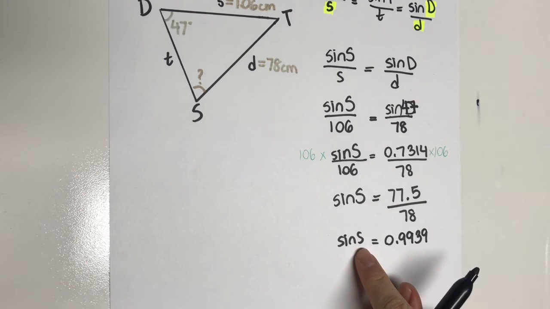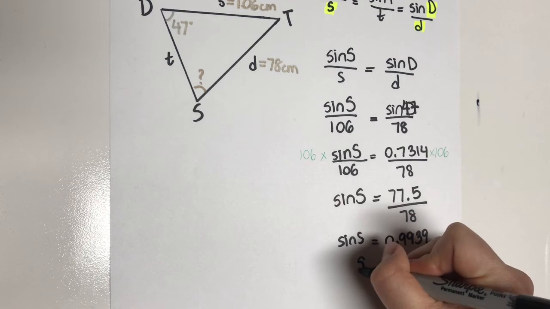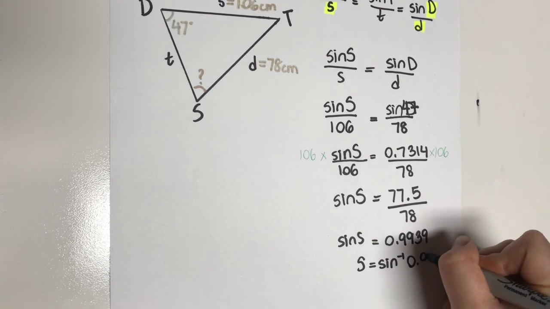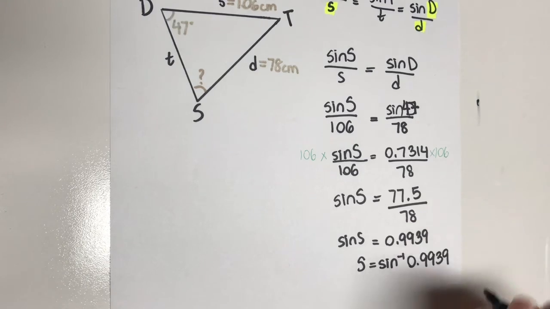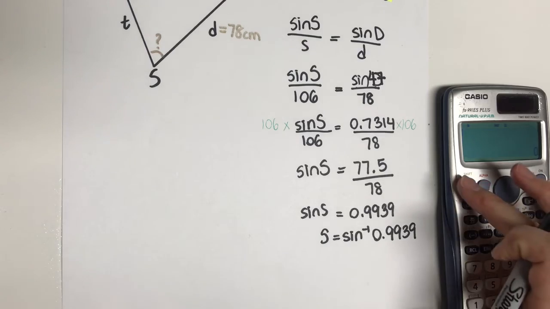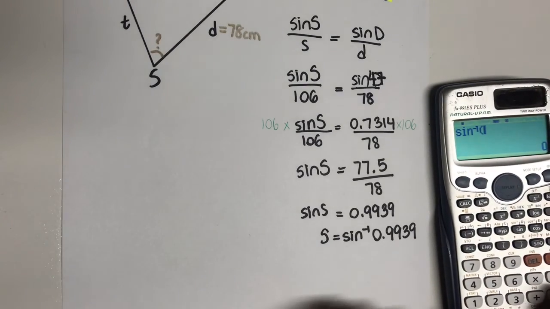And then to find the angle, I'm going to do the inverse operation. So S is equal to sine inverse of 0.9939. I'm going to have to use that inverse key on my calculator. Shift sine, that's how it works on mine. It depends on the calculator.